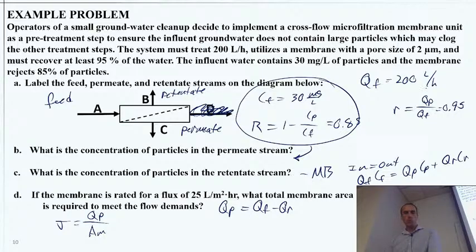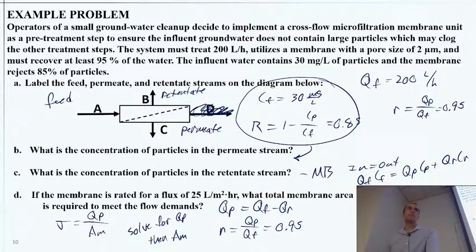So we can use the relationship of QP over QF at 0.95 to solve for that, and then solve for the area of the membrane needed. Right? Might be some unit conversions necessary, but you can do that.